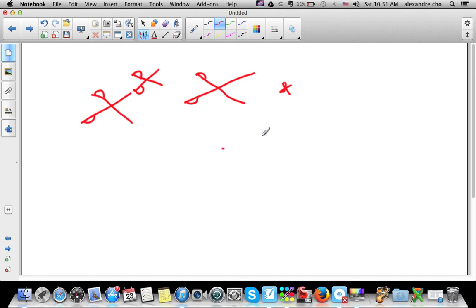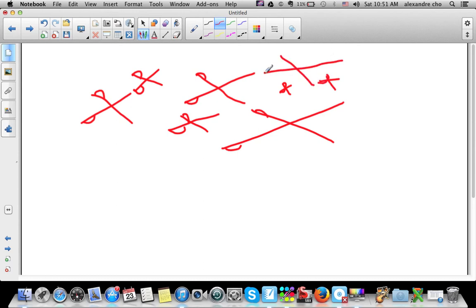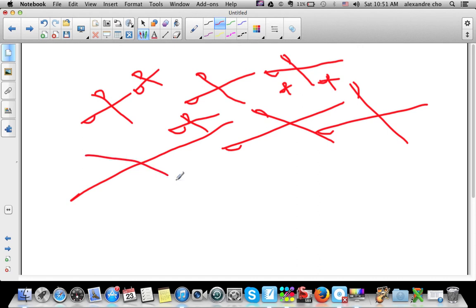4, 5, okay, 6, 7, 8, 9, and 10. Here are 10 irregular scissors.